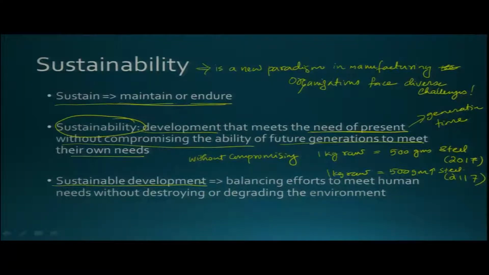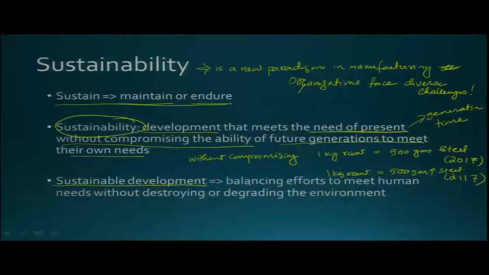A lot of the time people used to say sustainability is an environmental initiative with nothing to do with manufacturing. But sustainable development is actually a balancing act, a balancing effort to meet human needs without destroying or degrading the environment.